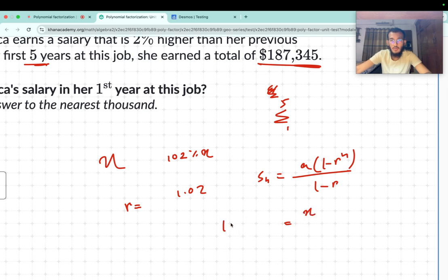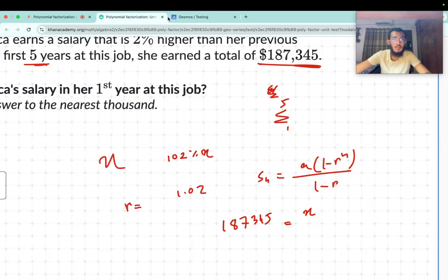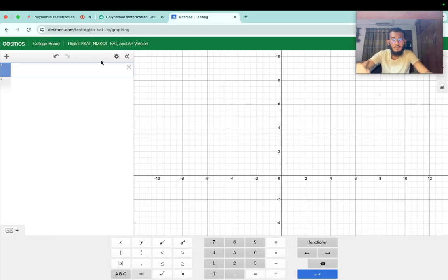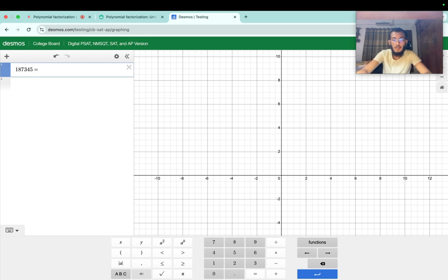We know the sum, which is 187,345. Let's write it here. 187,345 is equal to x, the unknown that we're trying to find, multiplied by 1 minus r, where the common ratio is 1.02, to the power n.